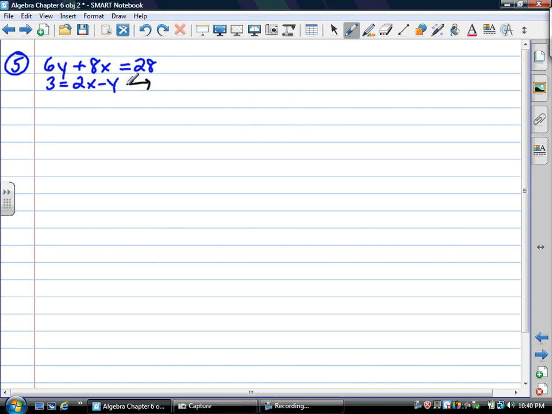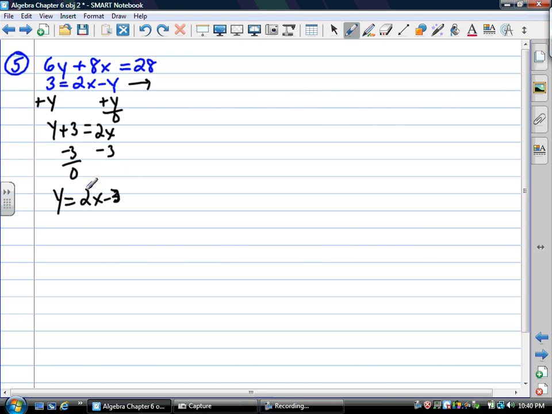So if we rewrite this in the form of y equals, we'd have to do 2 steps. I'd have to add y to both sides of the equation. I'd get y plus 3 is going to be equal to 2x, right? Because that's going to be 0. Then I'd subtract 3 from both sides of the equation. I get y is equal to 2x minus 3.